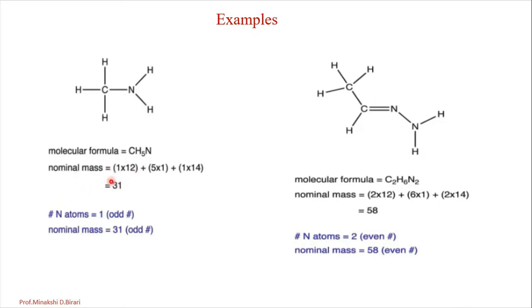Here the nominal mass is 31, the number of nitrogen atoms is 1, that is an odd number, and the nominal mass we calculated is also an odd value, that is 31.